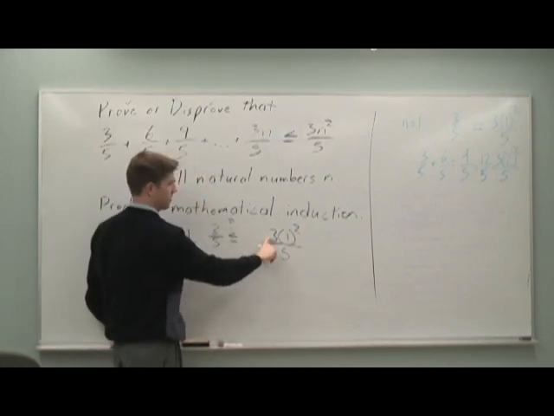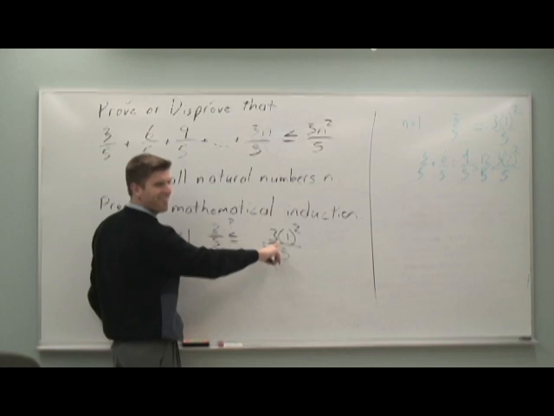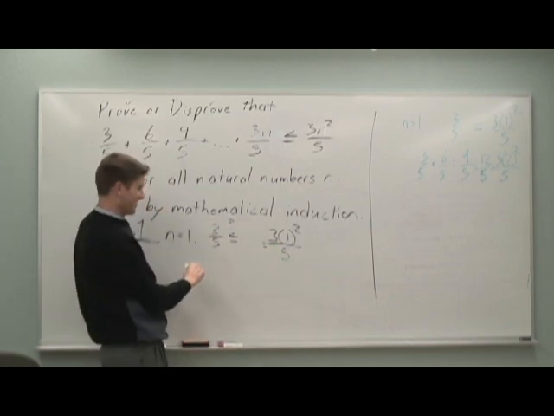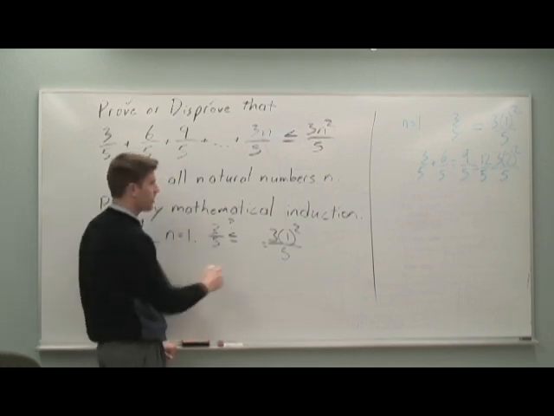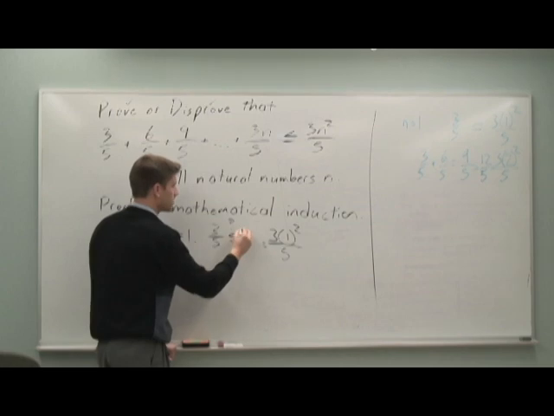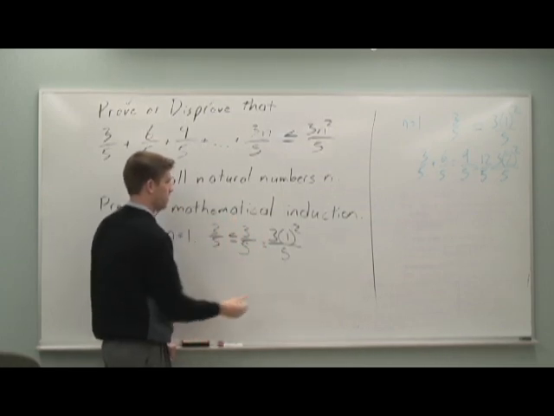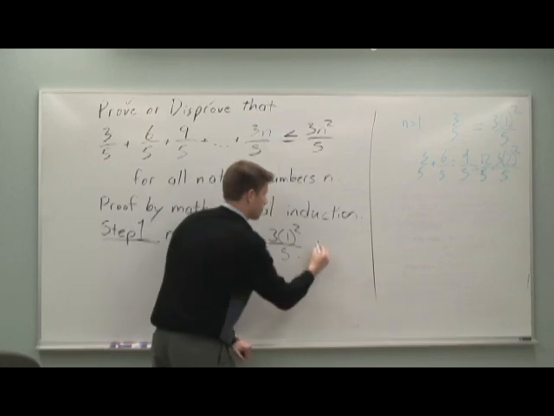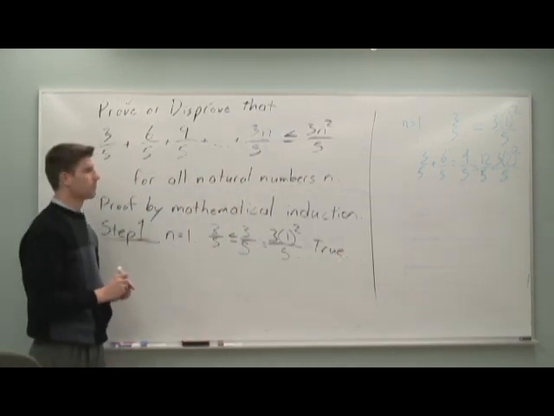It's 1 squared, which is 1, times 3 is 3 on top. Good. Remember, order of operations is paramount here: do the exponents first, then the 3. So this is indeed true. And we are set.